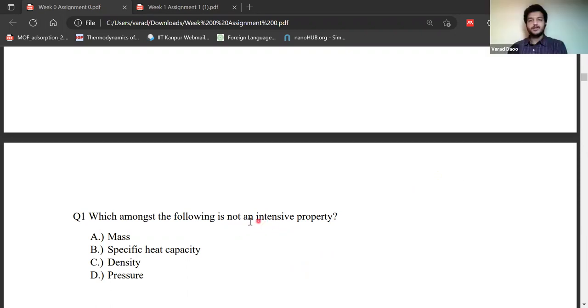Okay, Ashwin, remember, it is not an intensive property. That means we want an extensive property, the property which depends on mass. Take specific heat capacity. Let's say we have either 1 kg of water or half kg of water. The Cp of water is going to be 4.18 kilojoule per kg at room temperature.